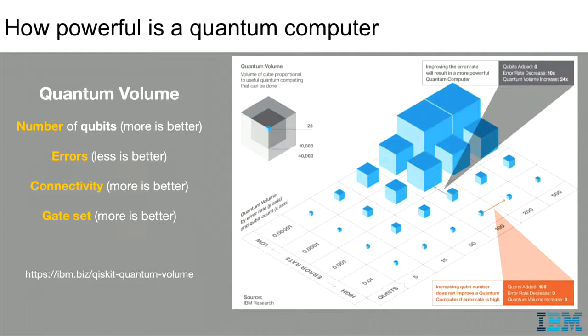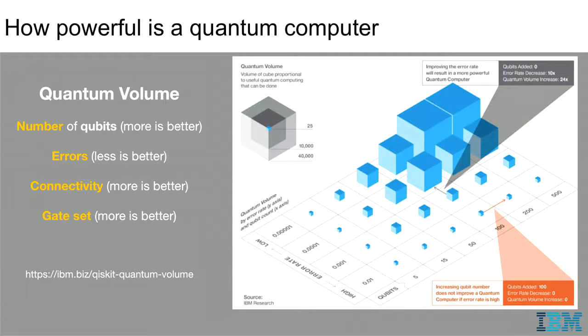As we increase the number of qubits, more qubits is good, but if you don't decrease the error rate, it doesn't do much for us. So you want more qubits but less error. And from the 3-qubit RB, you see that the more connectivity you have, the more things you can run. So more connectivity is better.